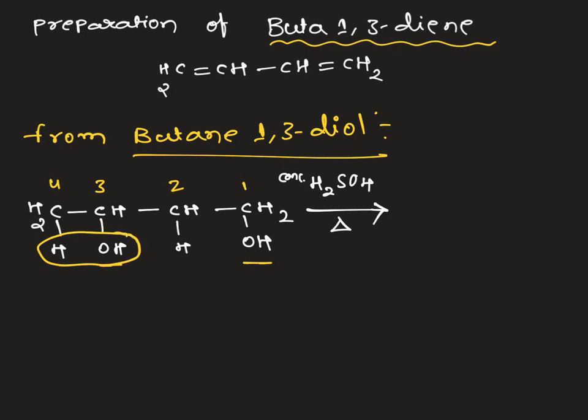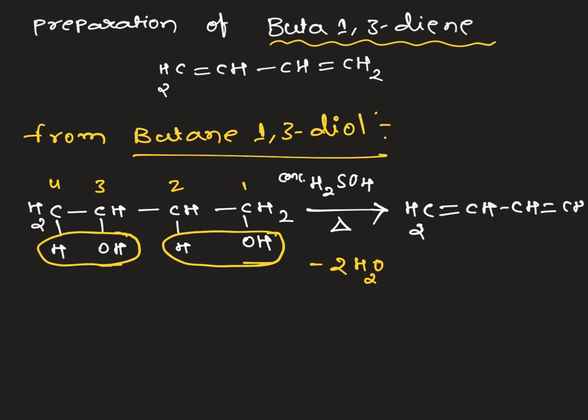As a result, double bond formation takes place, with a total loss of 2 H2O, and it gives butadiene. So this reaction is an example of a dehydration reaction. Elimination of water is taking place.